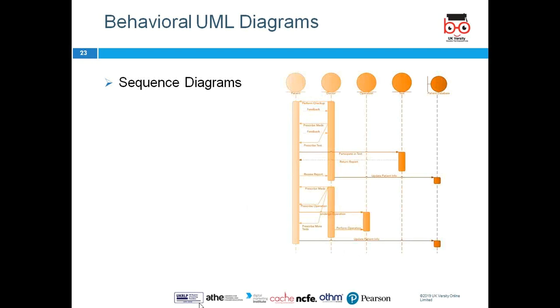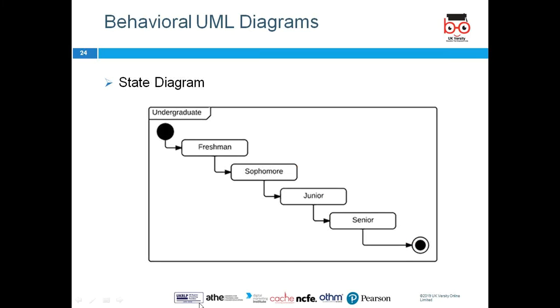So the communication diagram, and the sequence diagram, in which sequence those classes and actors would be triggering. A state diagram, in which state those stages would fall.